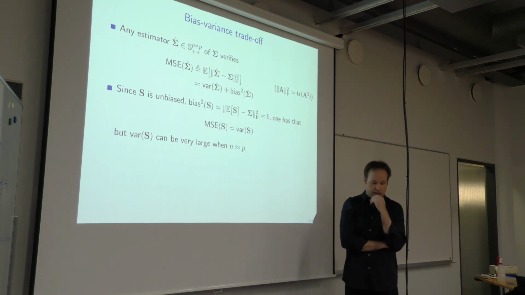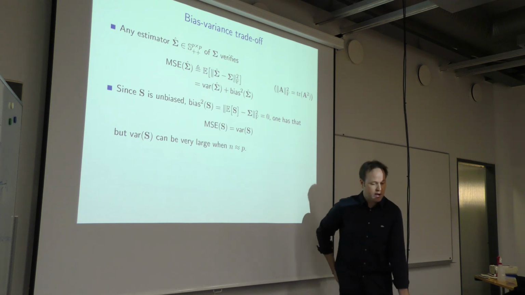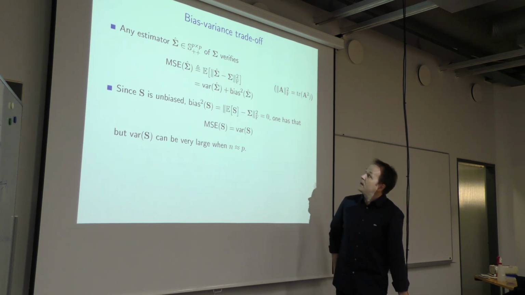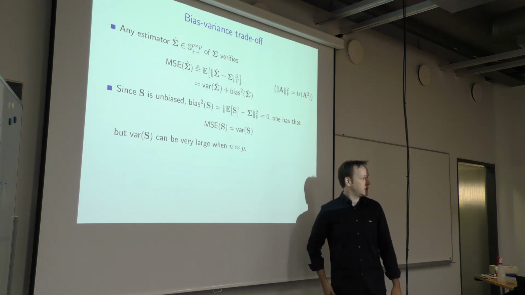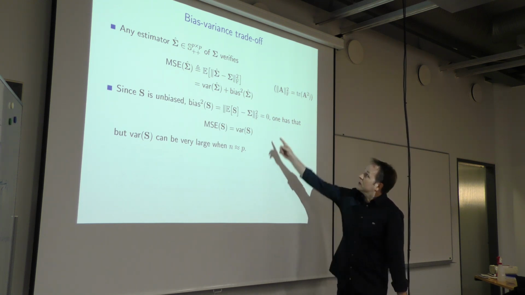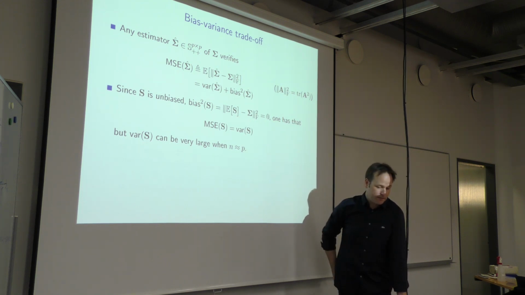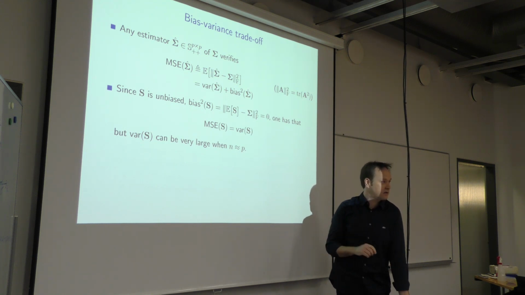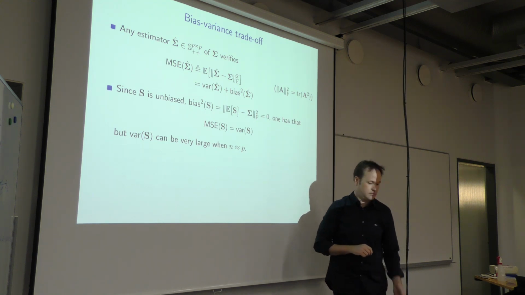To put this talk into the right context, I want to talk a little bit about the bias-variance trade-off. If we have any estimator, we often want the estimator to have a small mean-squared error. Since our estimator is a matrix, we use a Frobenius metric, as defined there, and we can decompose the mean-squared error as the variance of the estimator plus the bias squared.